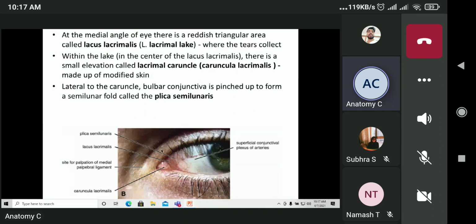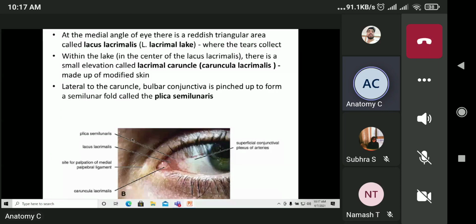It's made of modified skin. So look at here, in the medial angle you are getting the lacus lacrimalis, and in the center you are getting the lacrimal caruncle.